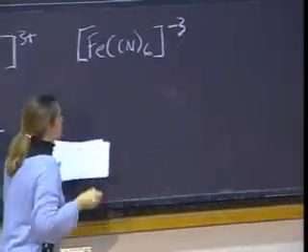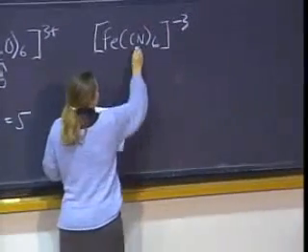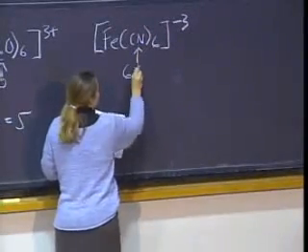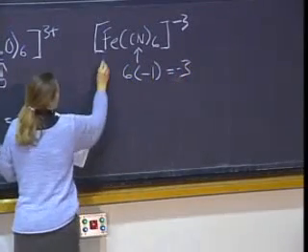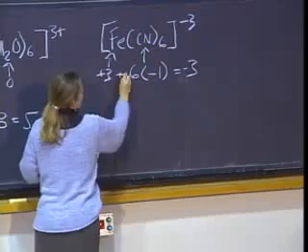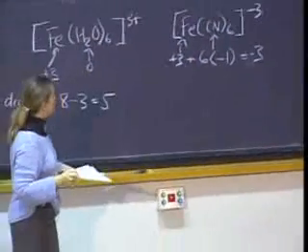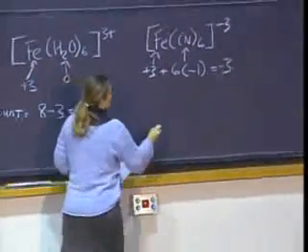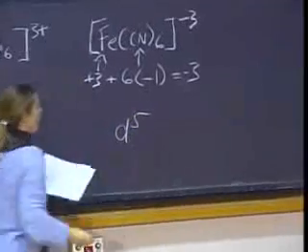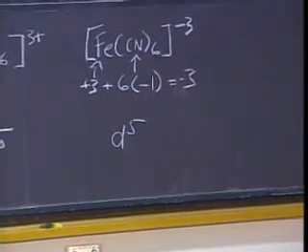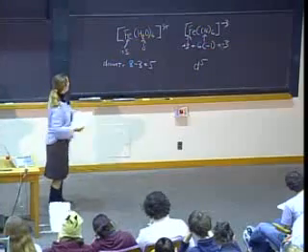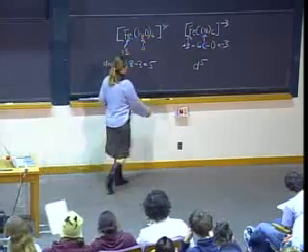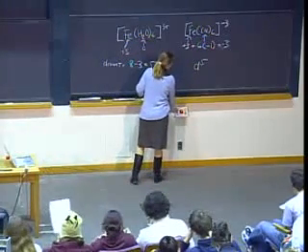This one has a charge of minus 3. Cyanide is minus 1. So iron would also have to be plus 3 to get the correct overall charge. So our d count over here as well is going to be d5. We have the same number of electrons that we need to put into two different diagrams.